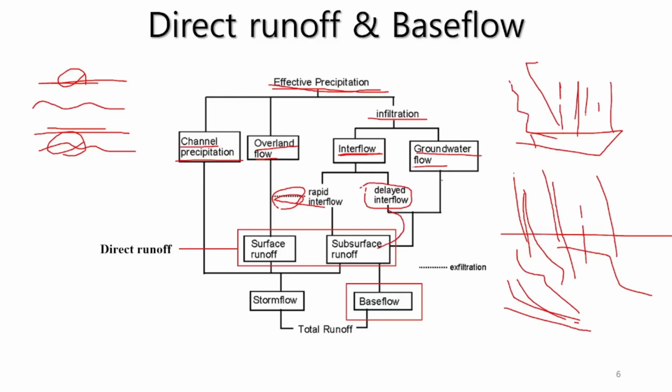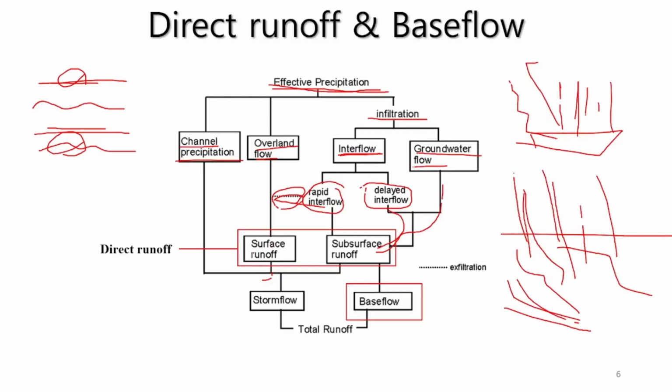Groundwater flow is also part of subsurface runoff. Channel precipitation just goes in here, so it's not part of surface runoff. Overland flow is part of surface runoff, and rapid interflow is part of surface runoff, but only a small portion of it.